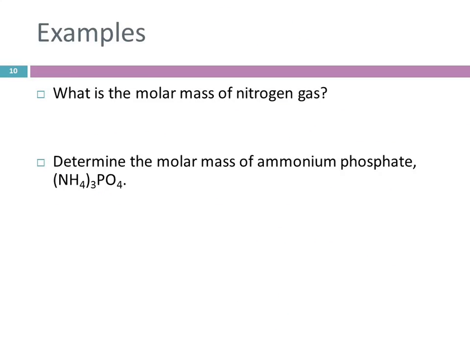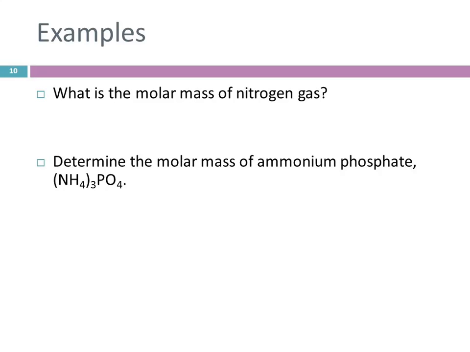Let's do 2 more examples. What's the molar mass of nitrogen gas? Nitrogen's an element, right? What's the formula for nitrogen gas? Is it just N? N2. Horses need oats for clear brown eyes. 7 diatomic elements. Nitrogen is the N in that sentence.